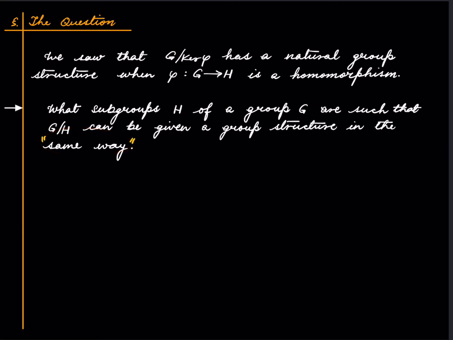The same way simply means a group structure on G mod H such that this map is a group homomorphism, where this map is nothing but the one which takes little g to the left coset which contains g. So that is the question that we want to ask. Maybe not all subgroups have that property, a priori we don't know. So which subgroups have the property that this can be given a group structure so that this becomes a group homomorphism? All right, so the rest of the lecture will be to answer this question.